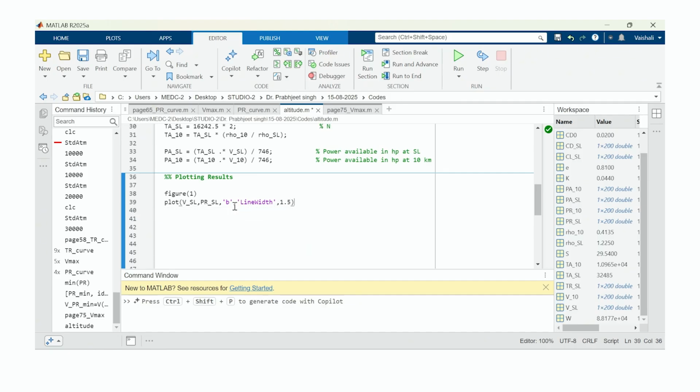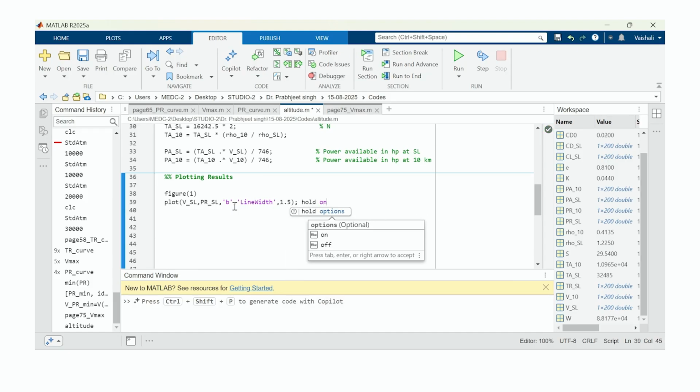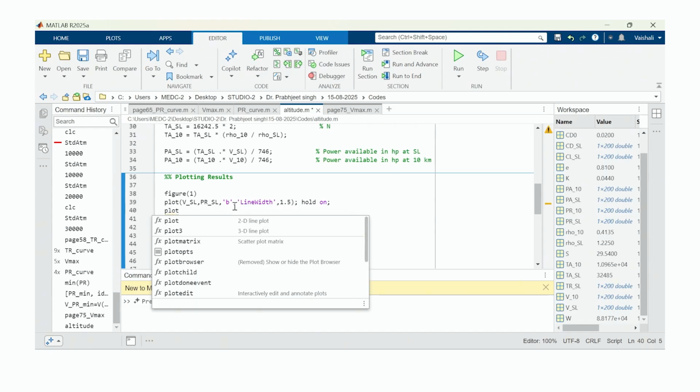And we want to hold on in the same plot, since we want to plot another curve. So for that we write the command hold on.